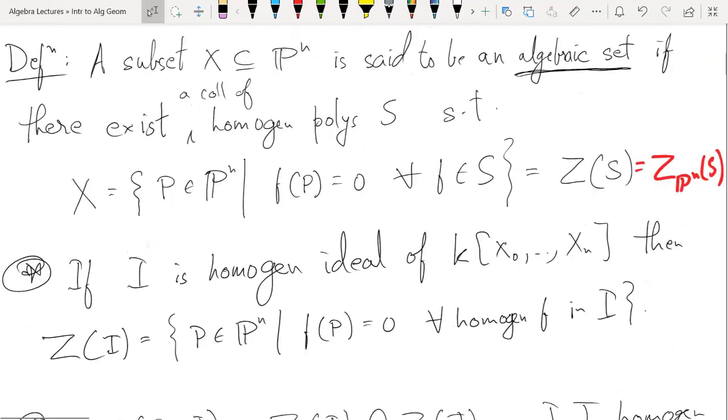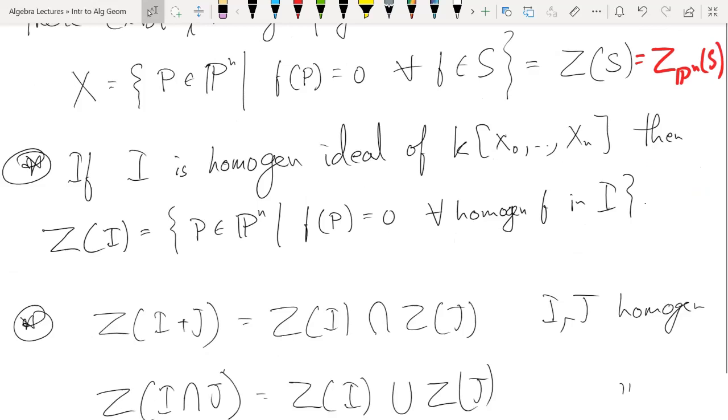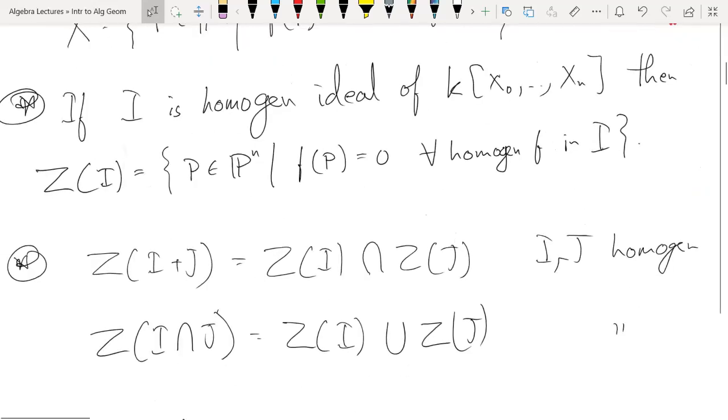This was Z(S), where S was a collection of homogeneous polynomials. So for homogeneous ideals, you don't take the zero set of every polynomial in I, because then f(p) = 0 may not make sense if f is not homogeneous. So you just take homogeneous polynomials.